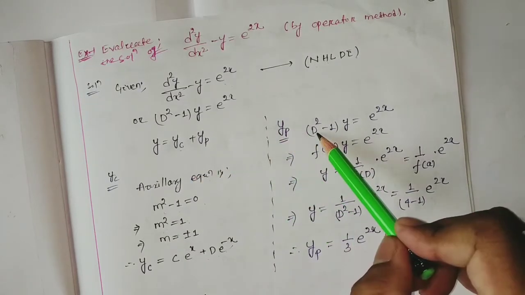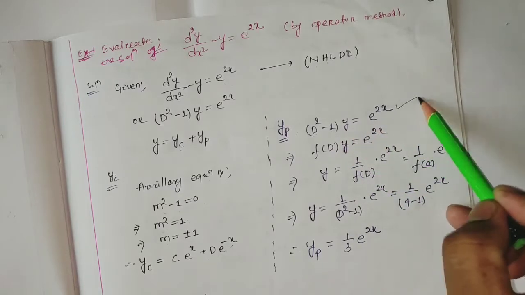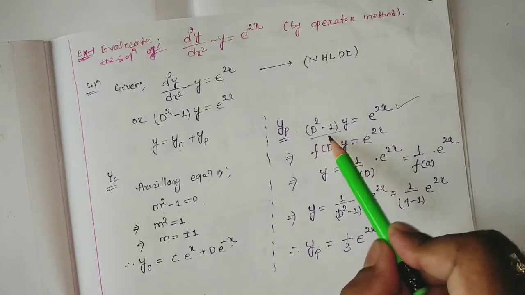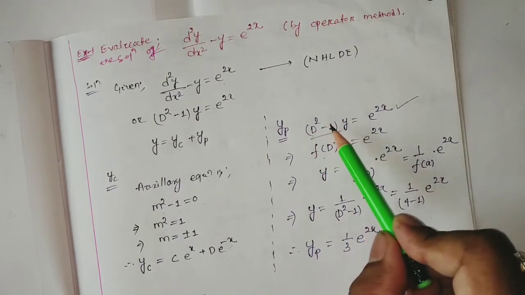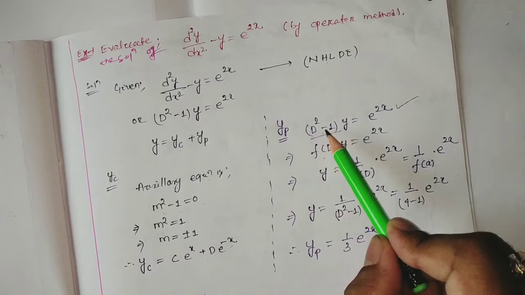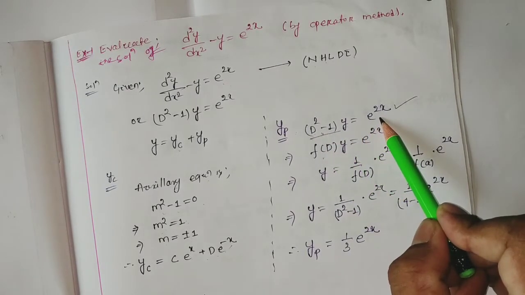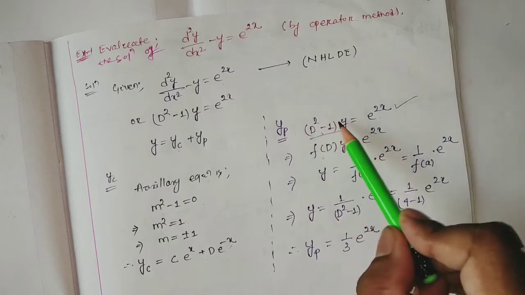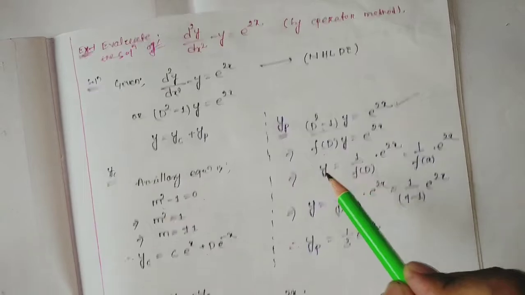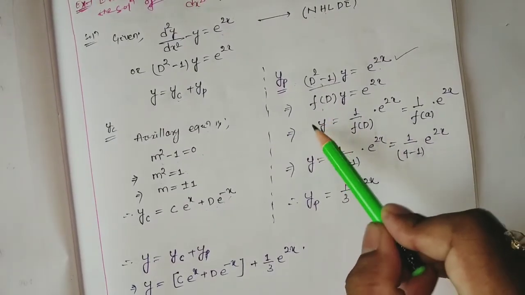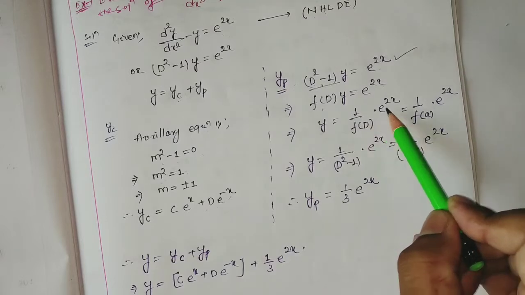Given that (d square minus 1) y equal to e to the 2x. This is nothing but your so-called f of d, or you can say the operator which is operated on y. So instead of d square minus 1, we can write f of d y equal to e to the 2x. So the particular integral will be equal to 1 by f of d into e to the power 2x.